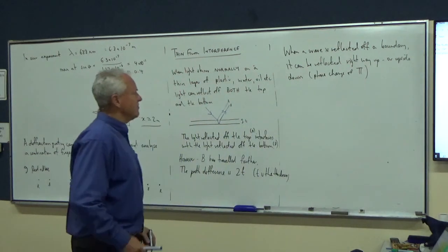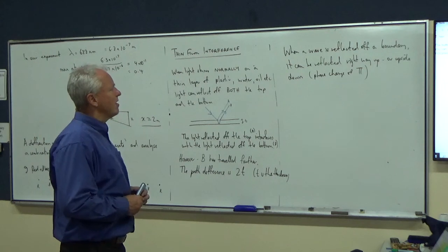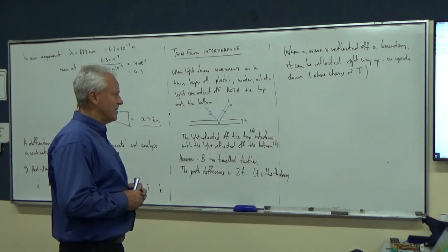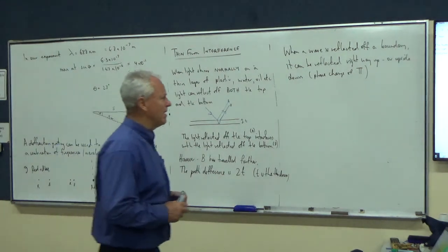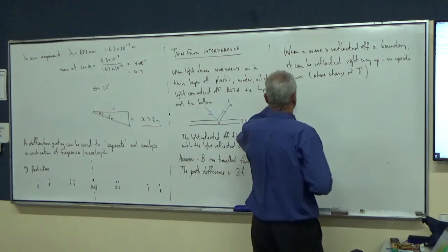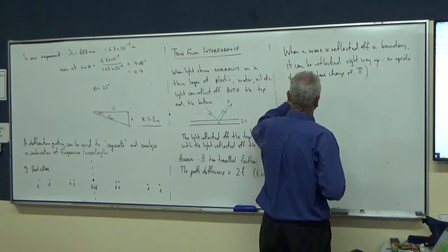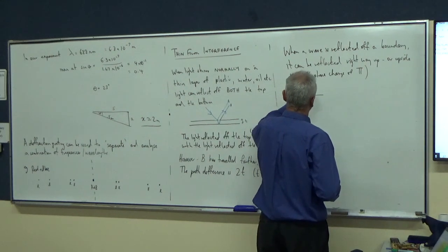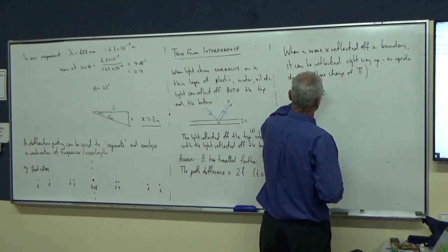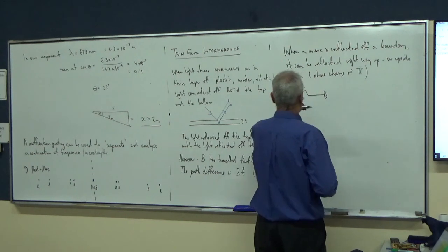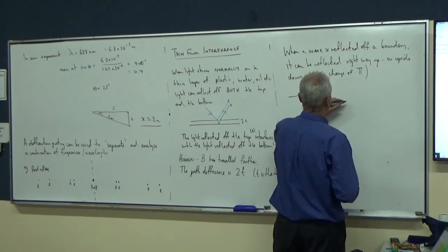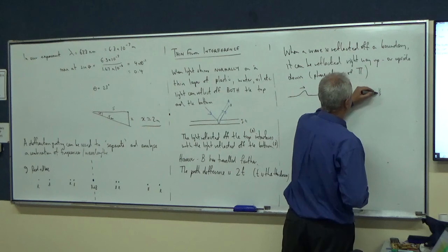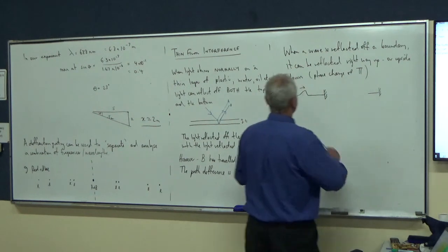When a wave is reflected off a boundary, it can be reflected right way up or upside down, a phase change of pi. So again, a wave on a spring coming in and hitting a fixed boundary, it gets reflected upside down.